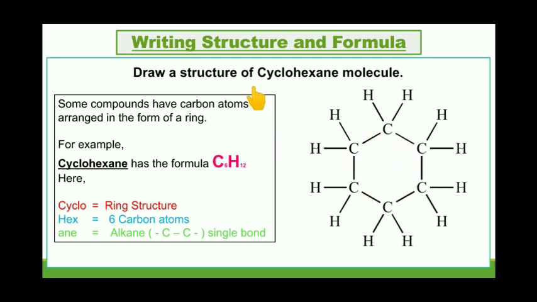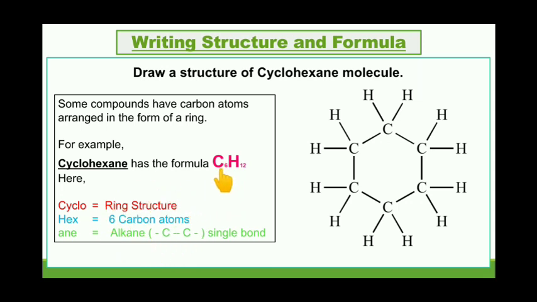So cyclohexane has the formula C6H12. Cyclo means ring structure, hex means 6 carbon atoms and ane means it is alkane having carbon to carbon single bond.